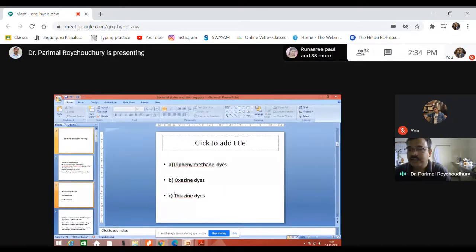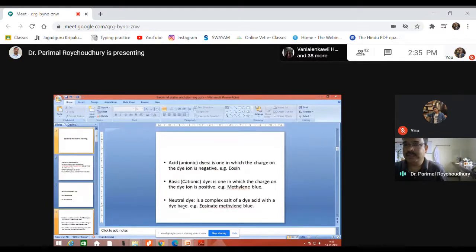If you go through the different types of dye compounds available to us, basically they fall under triphenylmethane dyes, oxazine dyes, thiazine dyes. But it is difficult to remember these dye compounds on the basis of their chemical composition, because chemically they are much more complex in nature, and most of the time it is difficult even to remember the names. So some easier classifications have been developed: acidic dye, basic dye, or neutral dye.